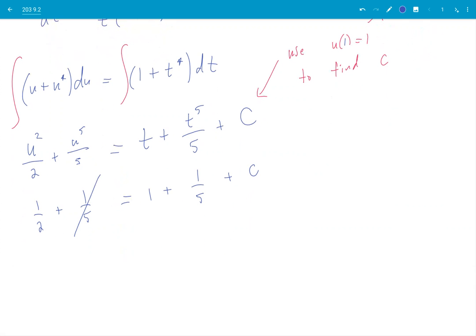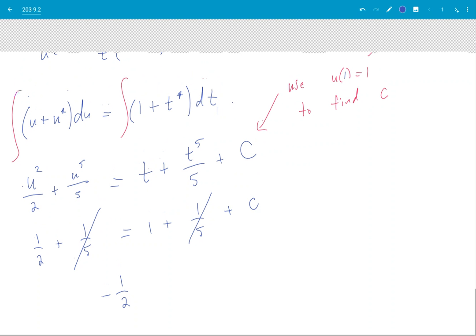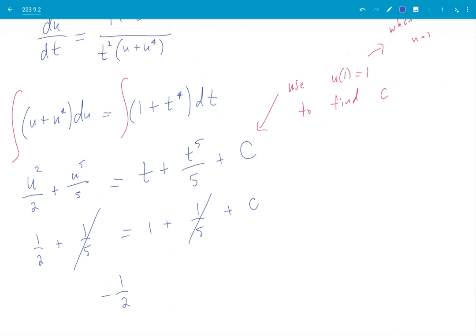I noticed that the fifths cancel nicely. So I get minus a half, minus a half. No, something has gone wrong. What has gone wrong? Something has gone seriously wrong. Oy vey. Oh, I lost something, didn't I? Oh, I lost a lot of things.